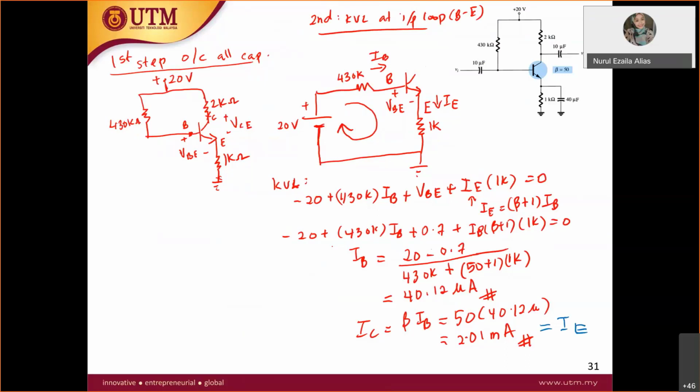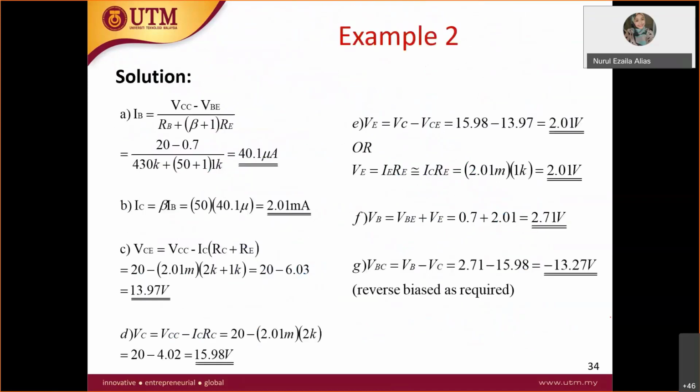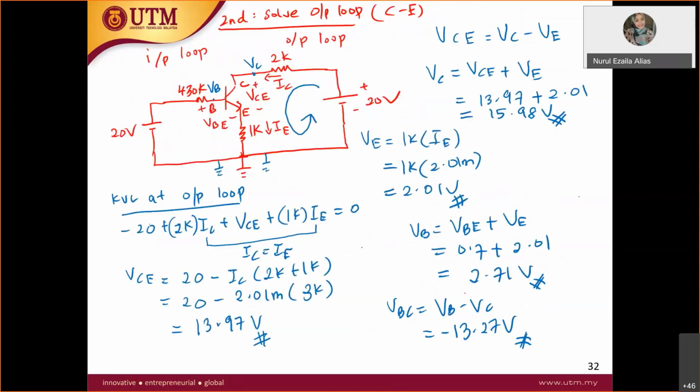You can see the importance of the input loop. You have to solve the input loop correctly, get IB correctly, and then you will get the correct IC, and it will be applied to your output loop as well. So all are related. It started from the input loop itself.